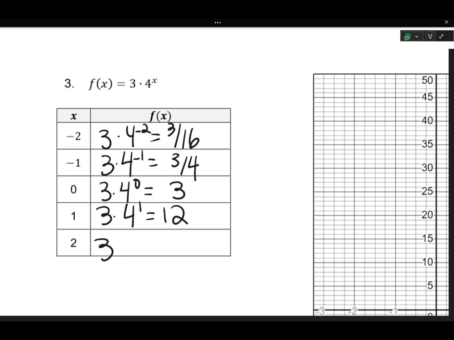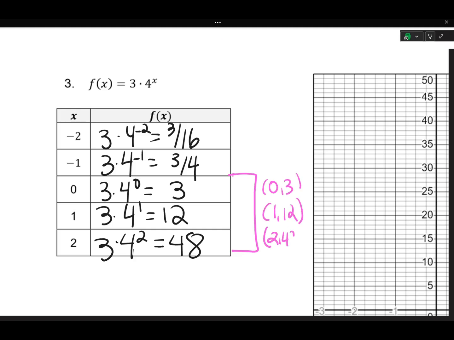Just like before, I hope you put this into your calculators on your own and practiced it. I know I'm repeating myself, but once again, I will not help you. I'm not allowed to help you put this into your calculator. I'm going to graph all these whole numbers. So I'm going to graph 0, 3, 1, 12, and 2, 48.